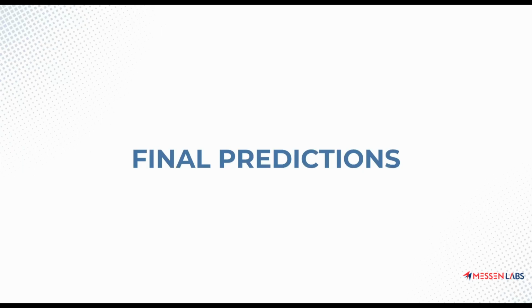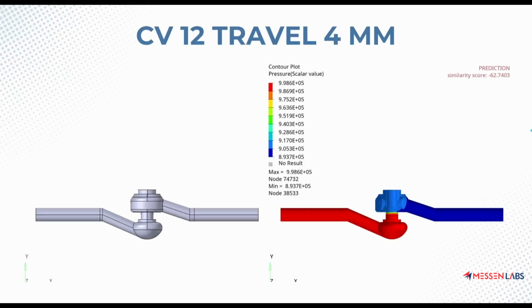Now let's take a look at the final predictions that were obtained. We ran predictions for 3 separate models. The first one was for a plug of CV12 and travel of 4 millimeters. This is actually not included as part of the original dataset, so we decided to use it as one of the predictions.